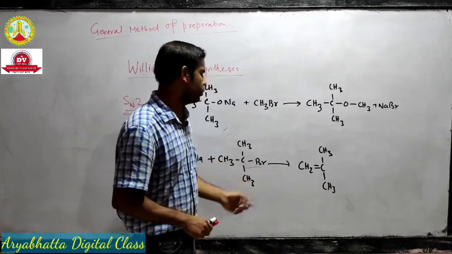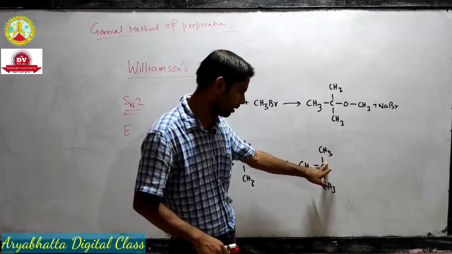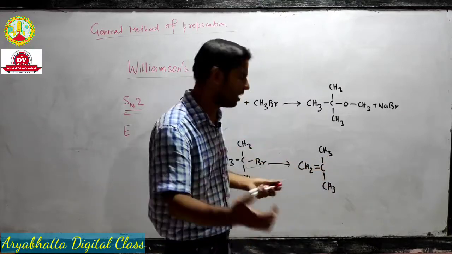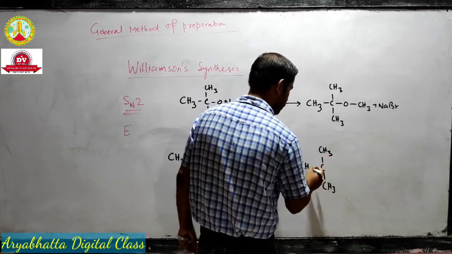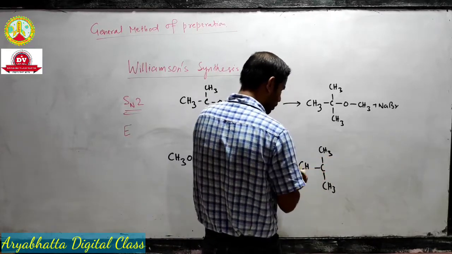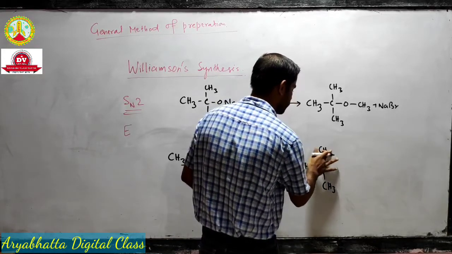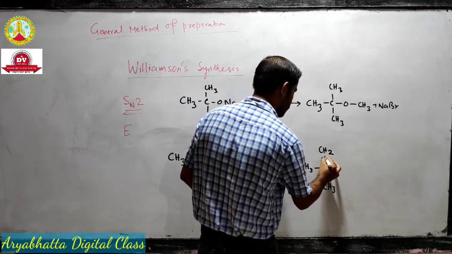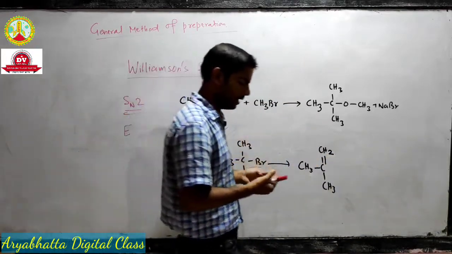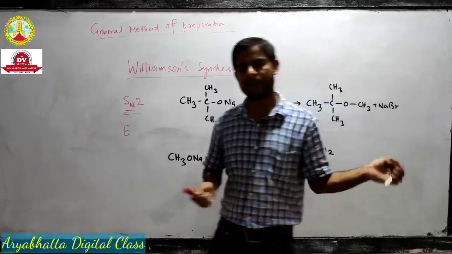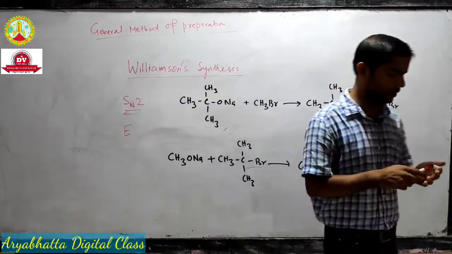It doesn't matter where you place the double bond; you can make this CH2 double bond and CH3, it's the same product. If you write down the IUPAC name, you will see that placing the double bond on any of the carbons gives the same product.